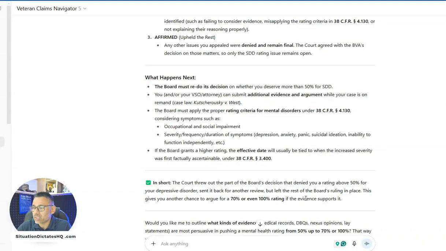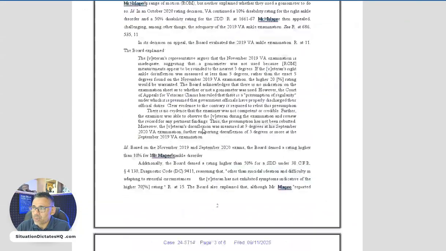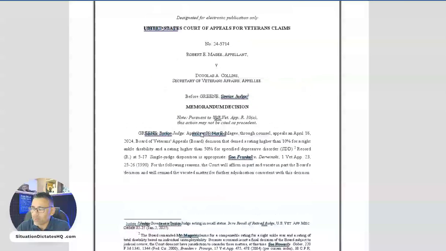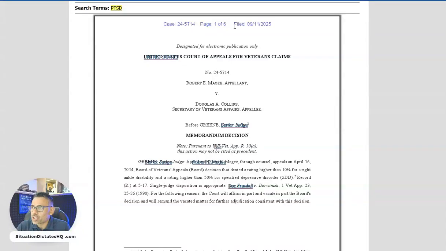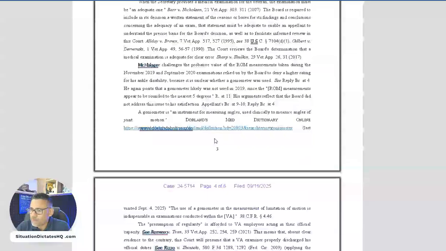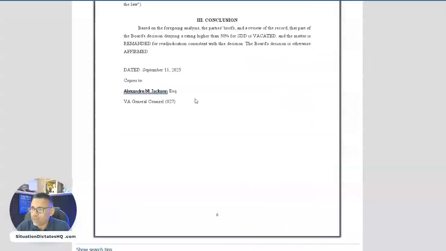If you remember, it said something about 2024 right here. Counsel appears on April 16th, 2024, and the decision, or at least it being filed, was a year later. So let's see if there is a date right here, dated. So this took a year.